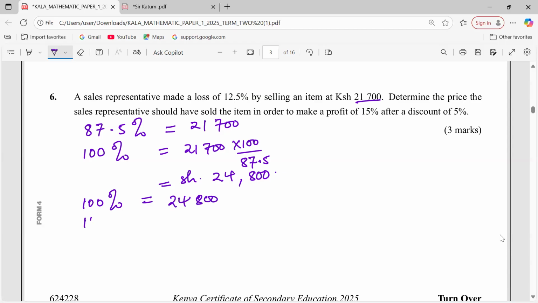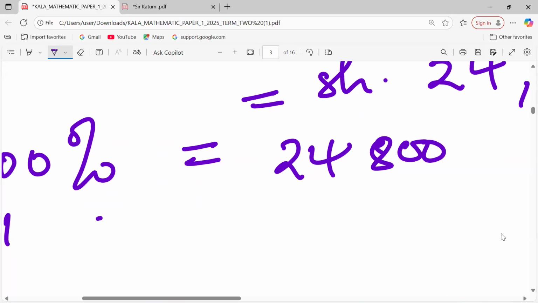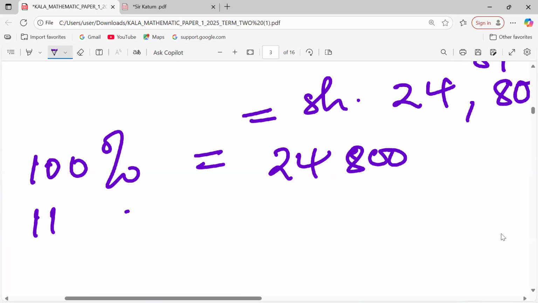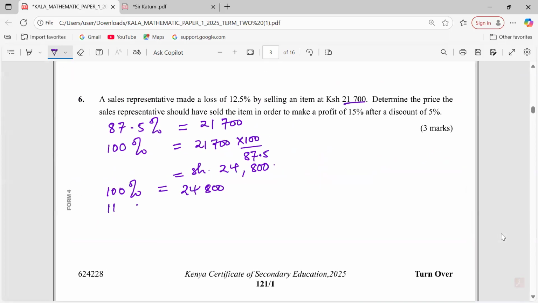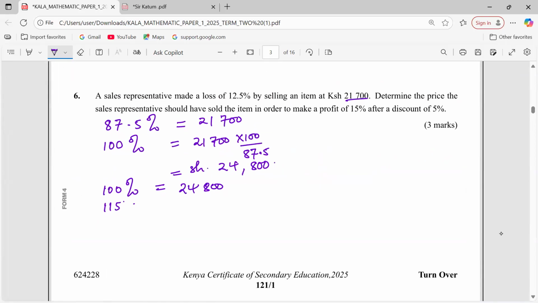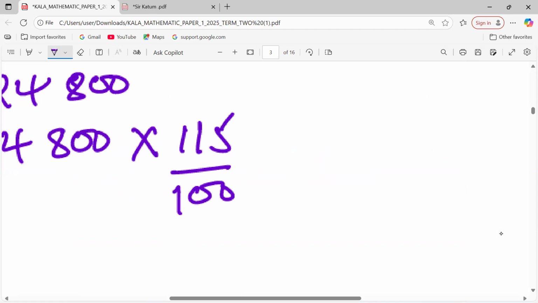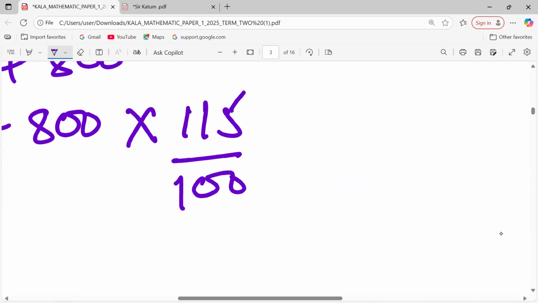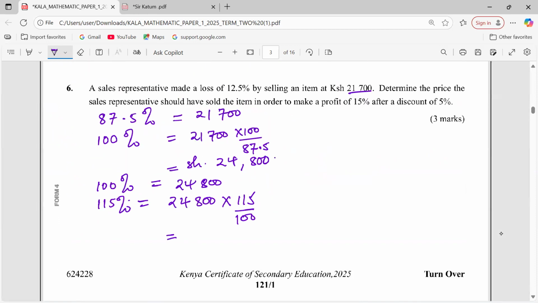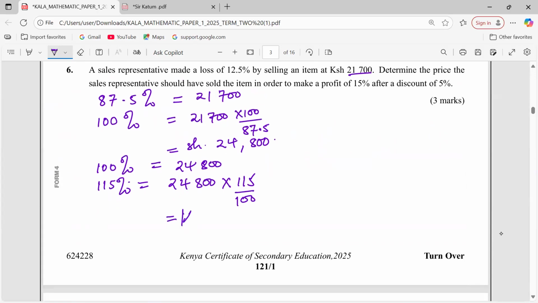What about 115, which is a percentage inclusive of the intended profit? So 24,800 times 115 out of 100 gives us the amount with profit.